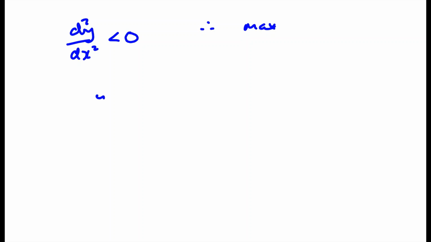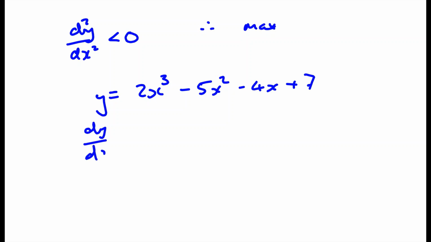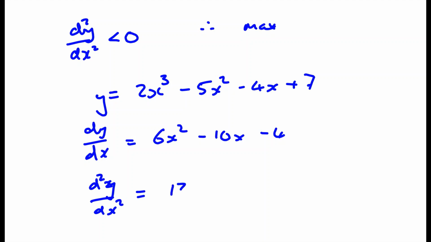So our initial equation again was 2x cubed, take away 5x squared, take away 4x plus 7. We had dy by dx being 6x squared, take away 10x, take away 4. And therefore our second derivative is going to be 12x, take away 10.